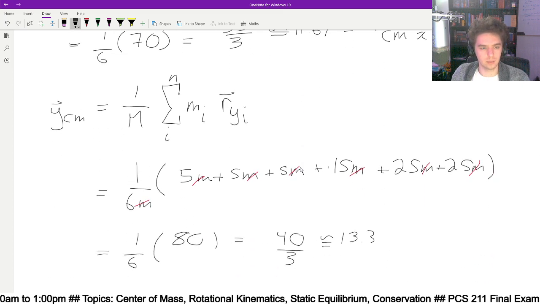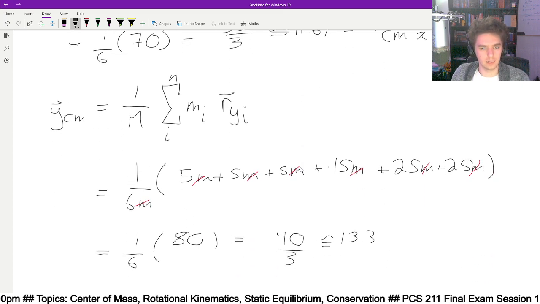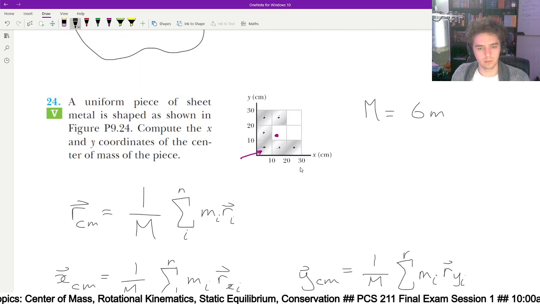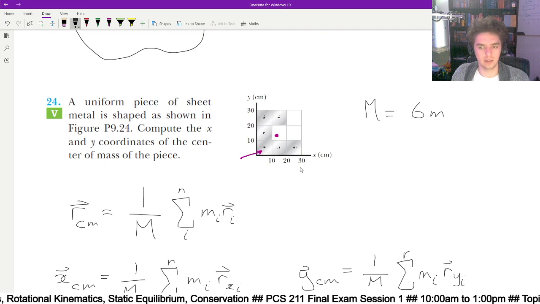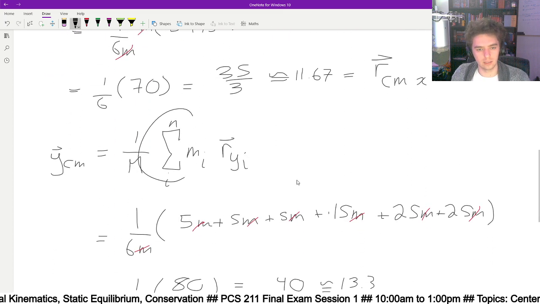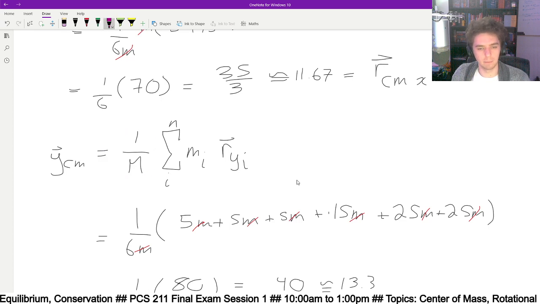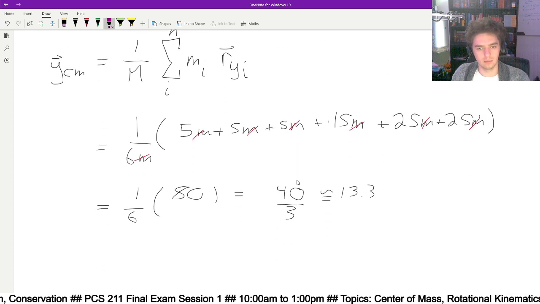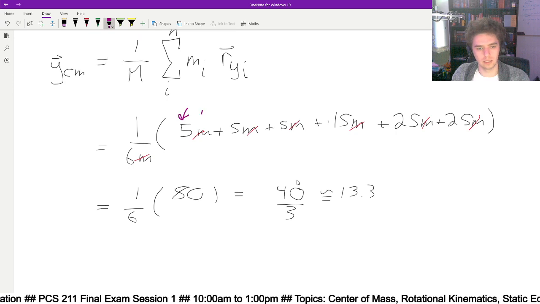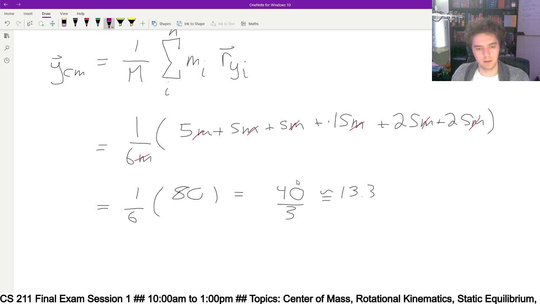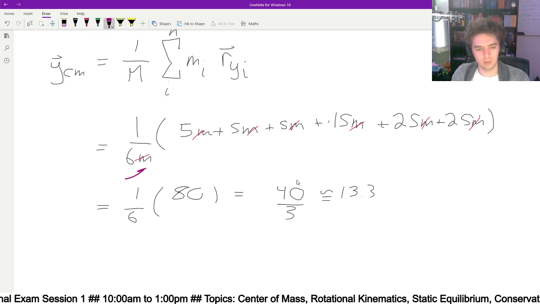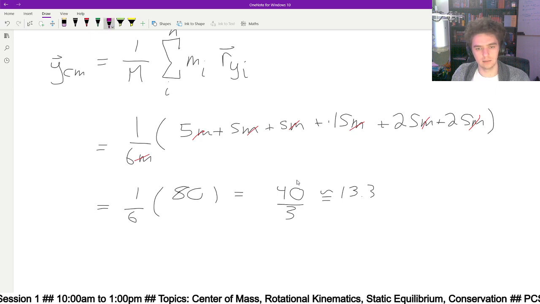And in a very similar way, we did the y value. For each piece, we multiply its mass times its y position, add those all together, and then divide by the total mass, which again is 6m. So I multiplied each one, position times mass, factored out the m and canceled it with the 1 over 6m on the bottom.